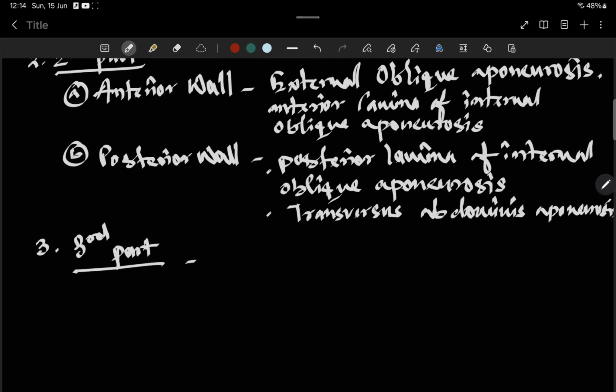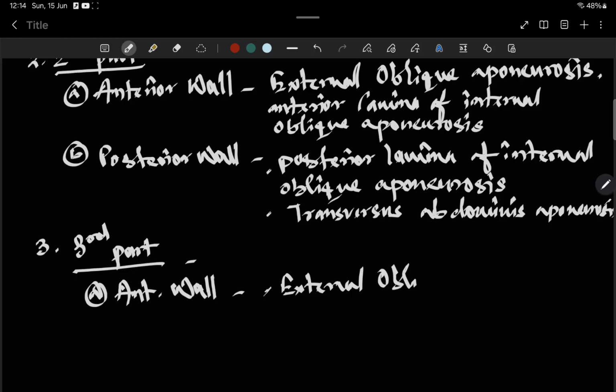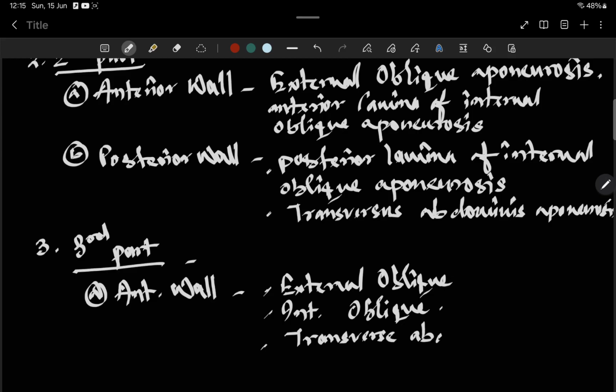In the third part, the anterior wall is formed by the external oblique, internal oblique and transversus abdominis.